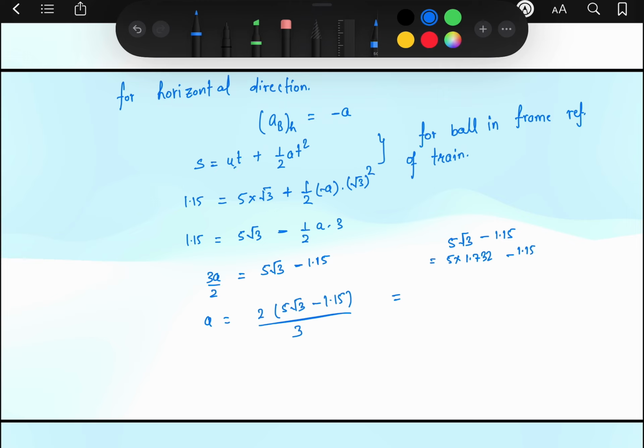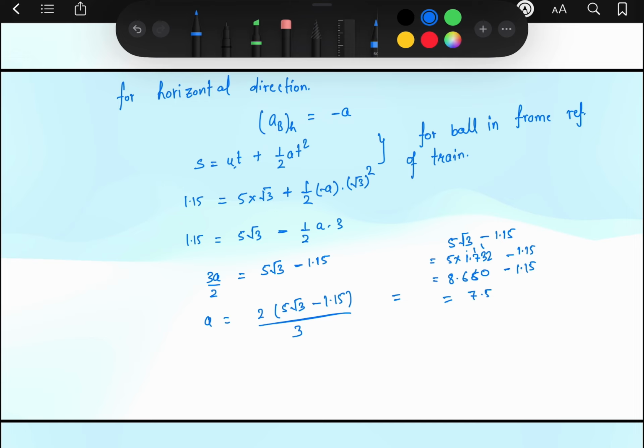After solving this term, we get 8.660 minus 1.15, so this will be somewhere around 7.5 we can write.